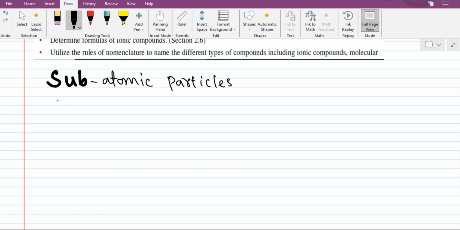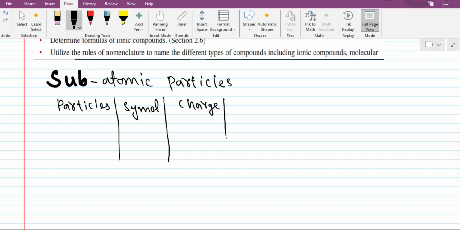Simply I can say, looking at this table, these are the particles, and this is going to be the symbol. After that we discussed the charge, and we also discussed the mass, and finally we discussed the location.